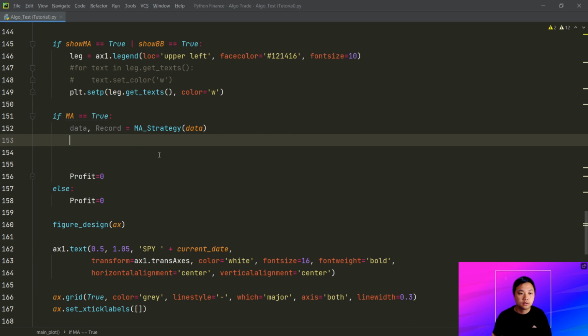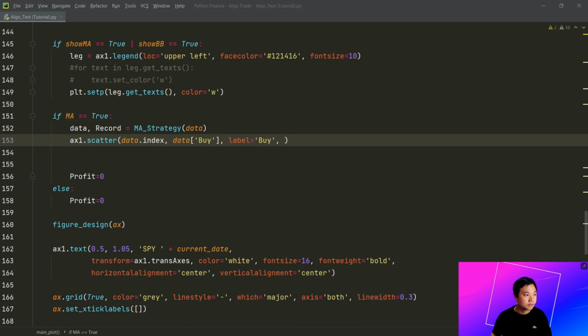And now I'm going to use the scatter plot. For the x-axis, I'm going to use the index, and for the y-axis, I'm going to use the data buy, and I will just label it with buy.